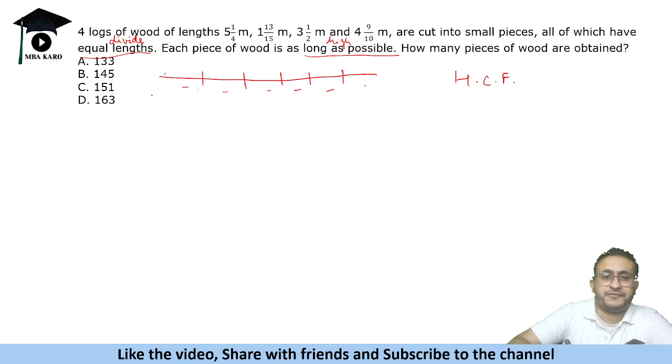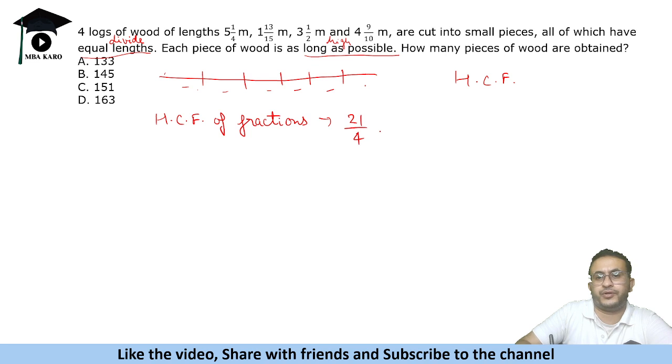Now HCF of fractions. We have to find the HCF of these fractions: 21 by 4, 28 by 15, 7 by 2 and 49 by 10.